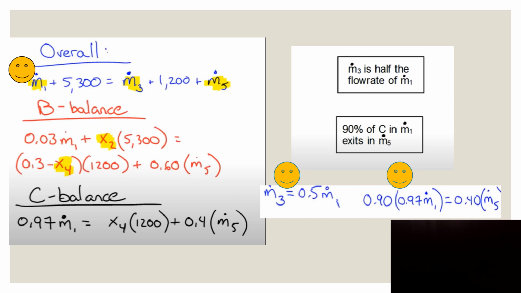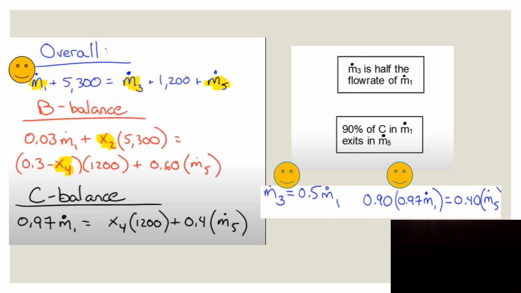Next. And remember, you can write the additional info into these equations. M3 equals 0.5 M1. And then 90%, we can put 0.9 times the C in M1 as it exits.